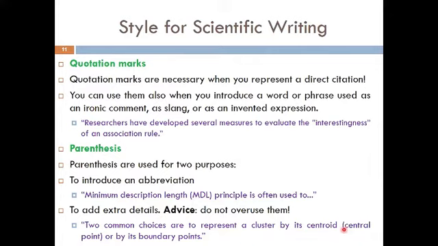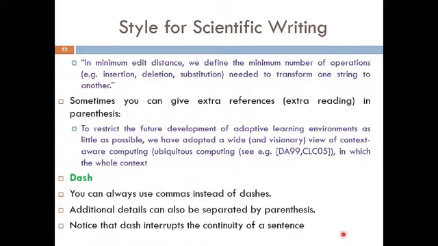So this is giving you additional information, and often you could even use a comma in place of this. Another example is in minimum edit distance, we define the minimum number of operations, e.g. insertions, deletion. So this is just giving you additional information.